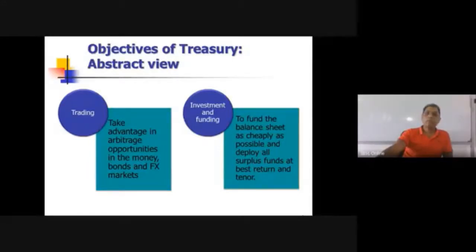This arm will look at more opportunities to create profit with all the positions created across the whole bank. So there is a trading and sales function, and there's an investment and funding function. The trading and sales is part of the global markets bit, and investment and funding sits with the balance sheet and ALCO bit of the Treasury department. These are all within the front office of Treasury.